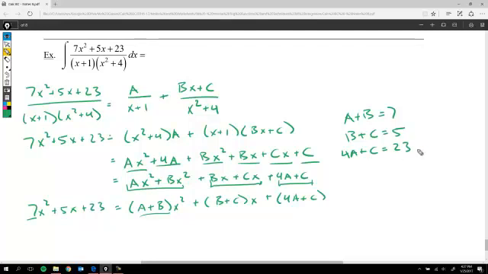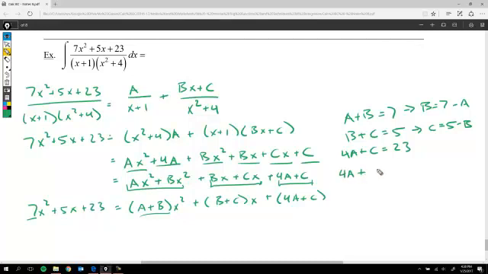I'm going to use this bottom equation here, and so I can solve for B in terms of A. Then here I can solve for C in terms of B and just substitute everything into this last equation. You don't have to do it this way, but I'm choosing to.